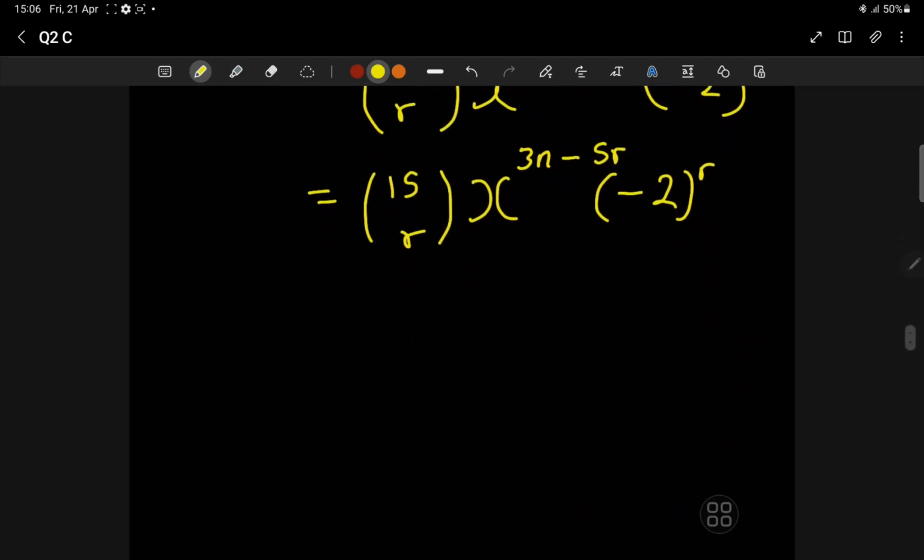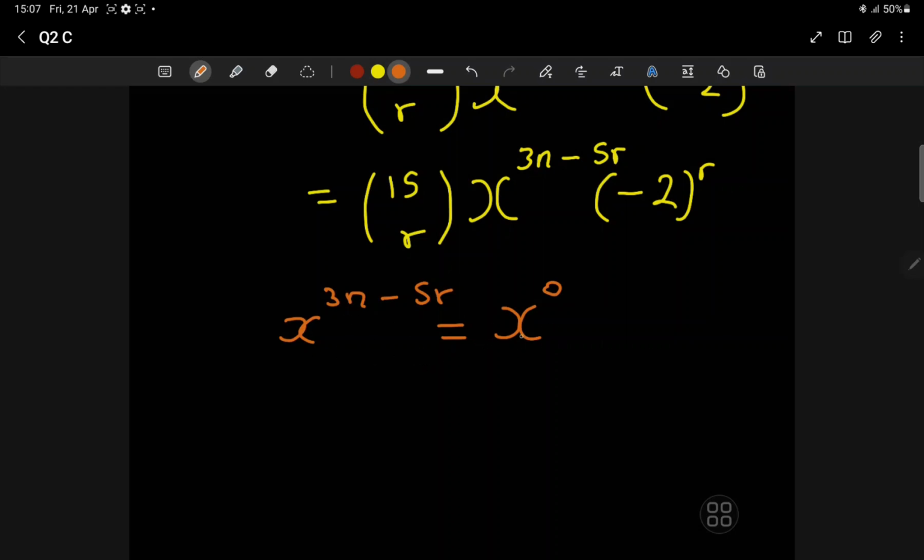Then the question says we look for the term which is independent of x. So the term independent of x is x raised to 0. So we equate what we have here, this part, x^(3n-5r), to x^0.